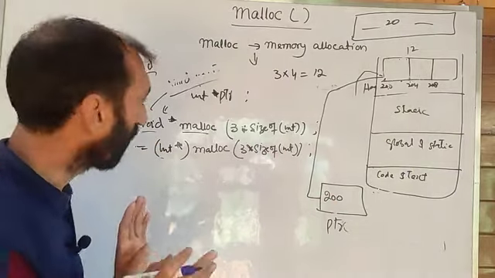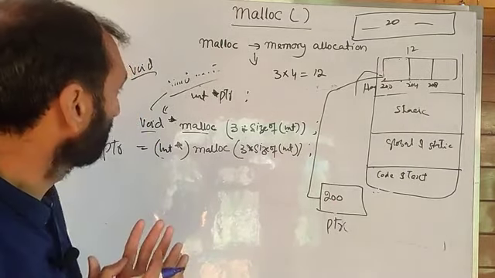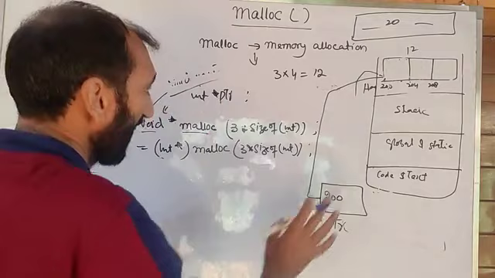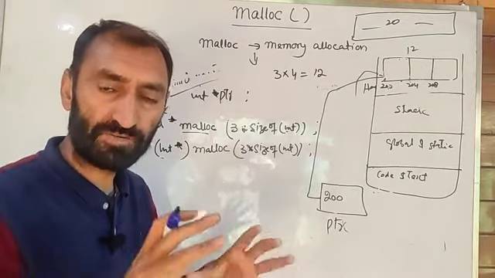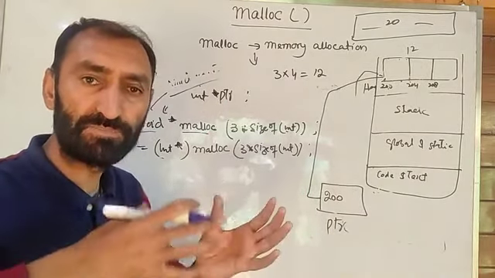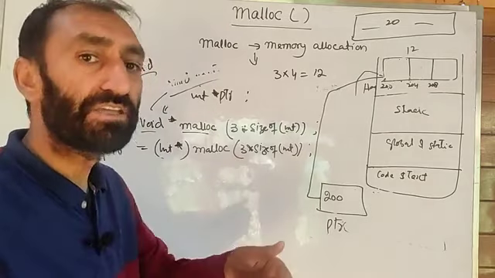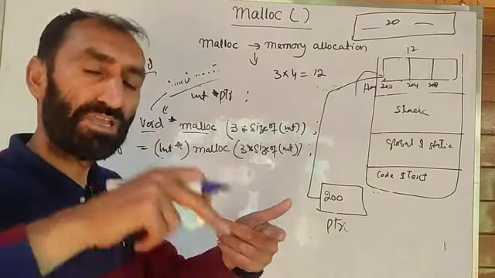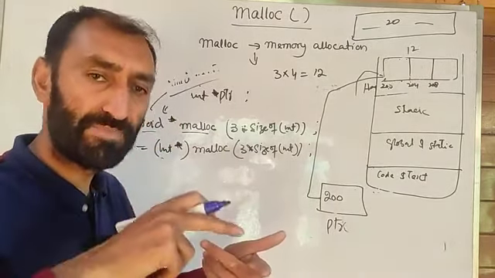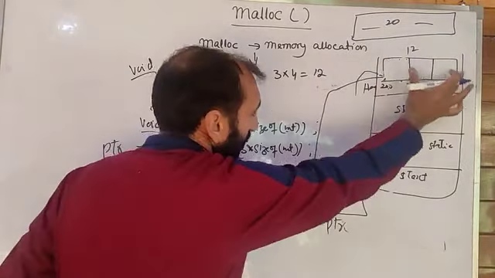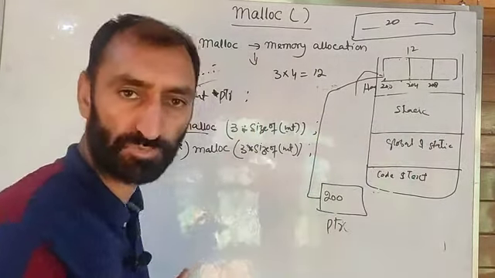I hope you have understood what the malloc function is. The malloc function is used to allocate memory dynamically, and the memory allocated by malloc is allocated from the heap portion, not from the stack, global or any other portion.